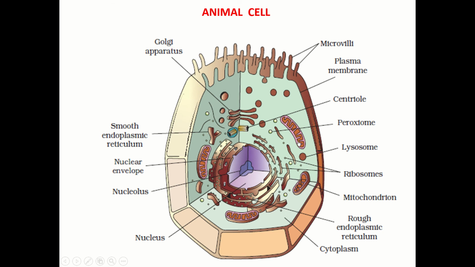The cell wall is absent here. It also has peroxisome, lysosome, ribosomes, mitochondria, rough endoplasmic reticulum, cytoplasm, nucleus, nucleolus, nuclear envelope, smooth endoplasmic reticulum, etc.